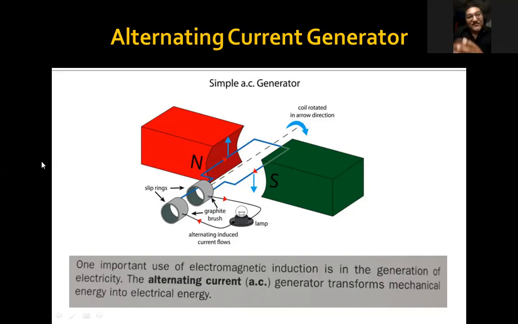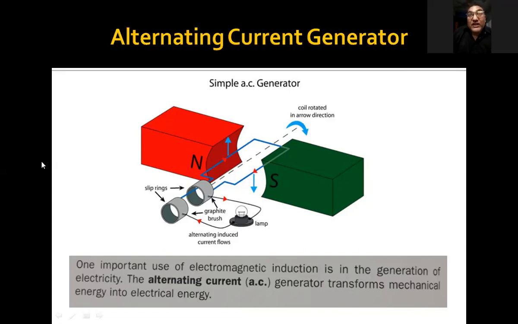It converts the mechanical energy into electric energy. So the basic design of the generator and the DC motor is to some extent the same, but their functions are different.